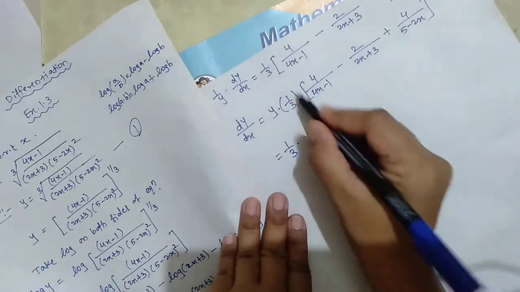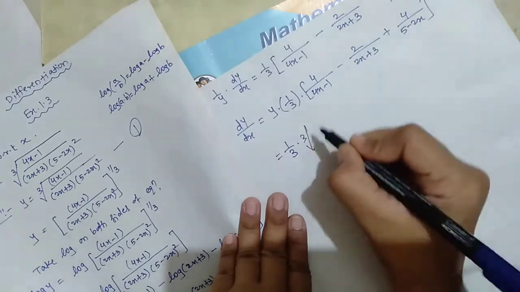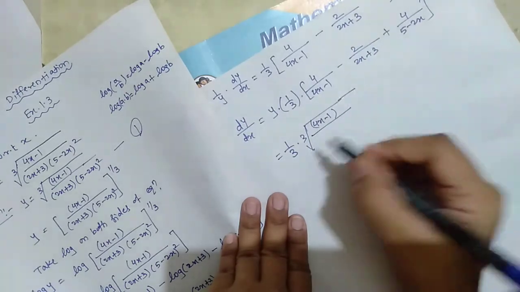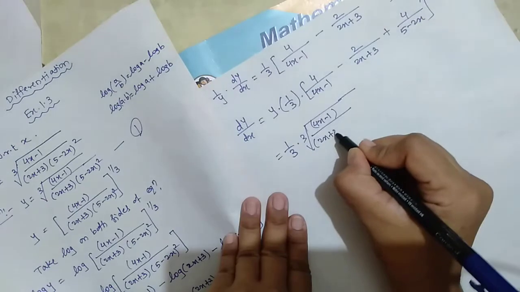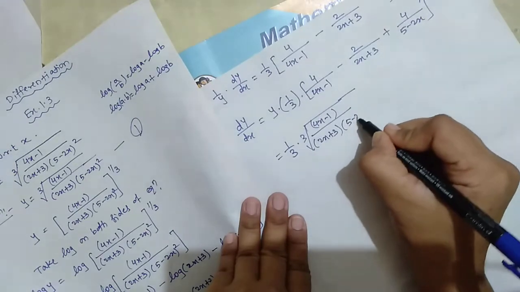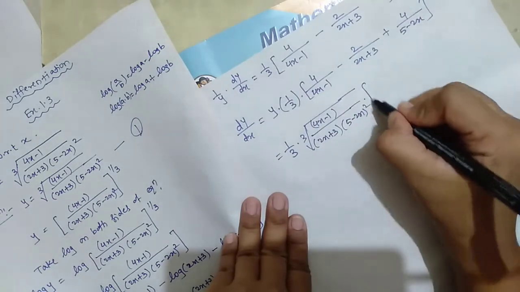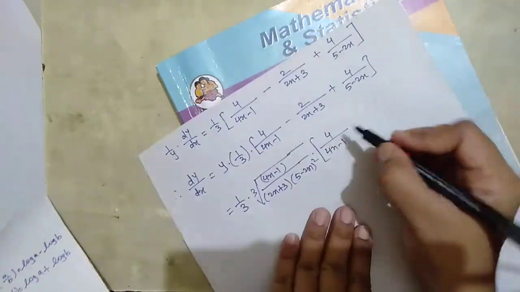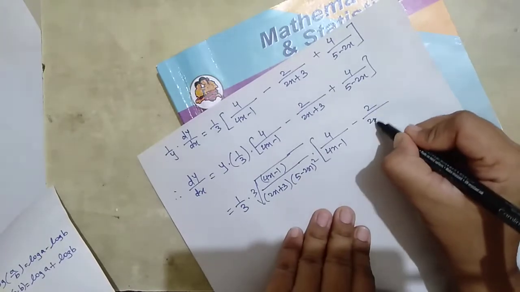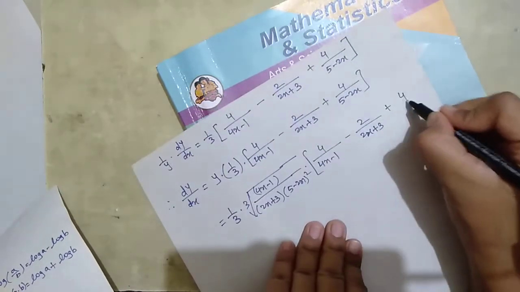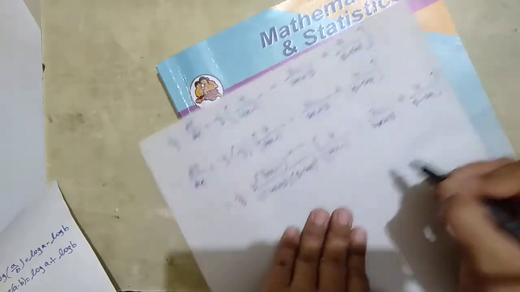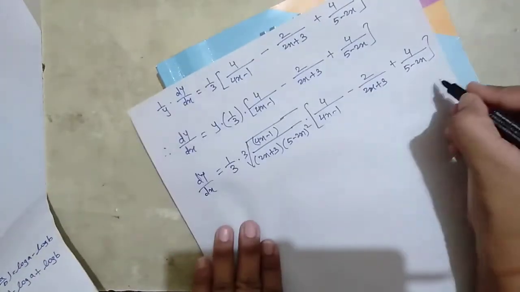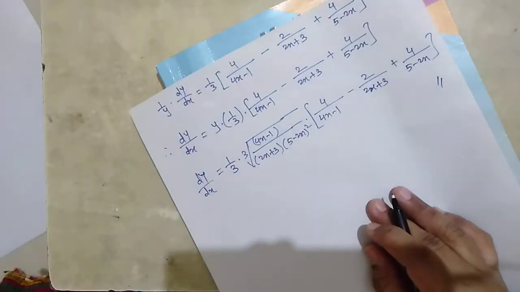So 1 by 3 taken outside. The value of y is the cube root of (4x minus 1) over (2x plus 3) into (5 minus 2x) whole square, multiplied by 4 upon 4x minus 1 minus 2 divided by 2x plus 3 plus 4 divided by 5 minus 2x. This is your required dy by dx for the given problem.